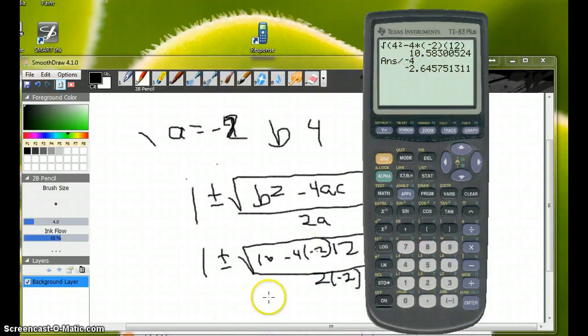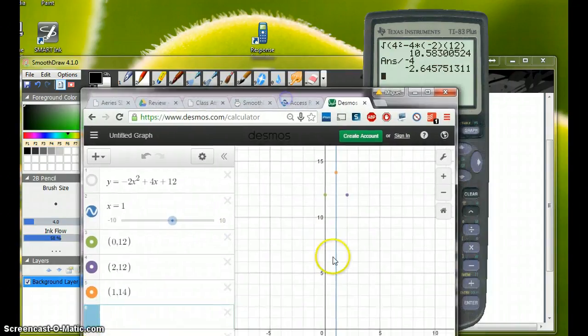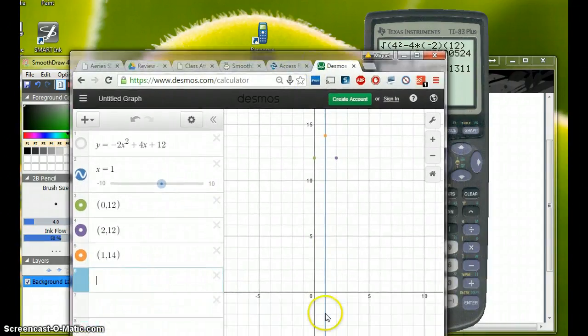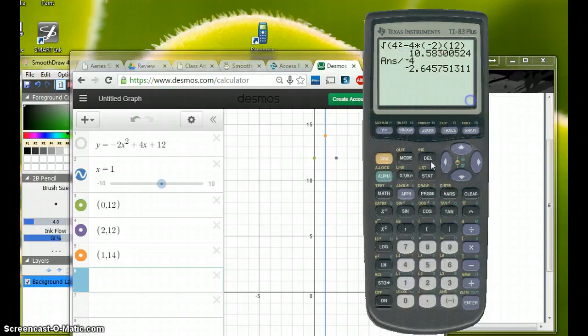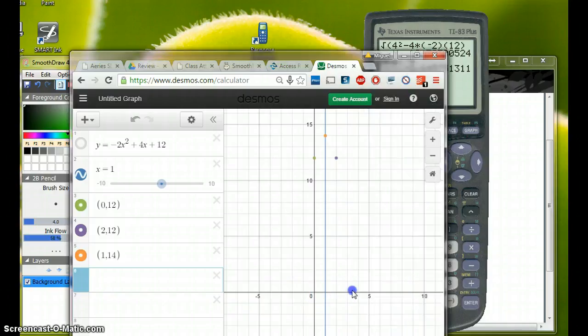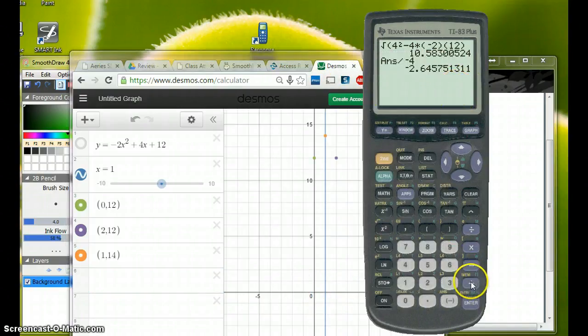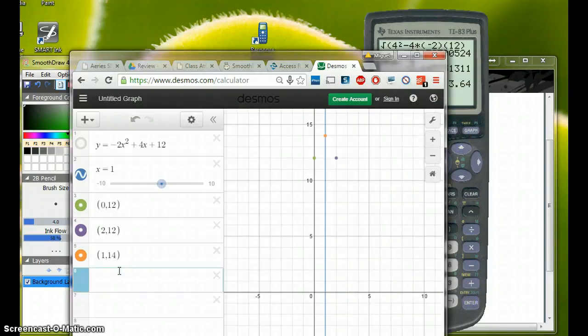So basically it's saying from the middle, right here, we're going to go 2.64 this way and 2.64 that way. So you're going to have 1 plus 2.64 is 3.64. So that's 1 point. 3.64, 0.